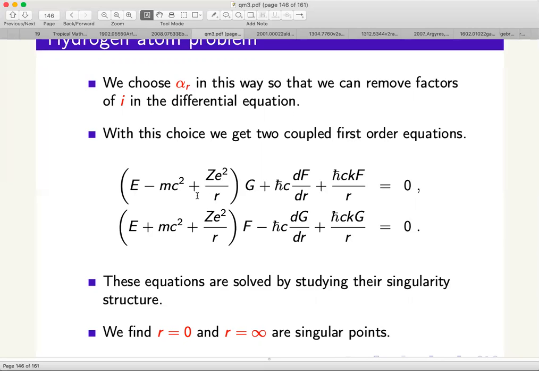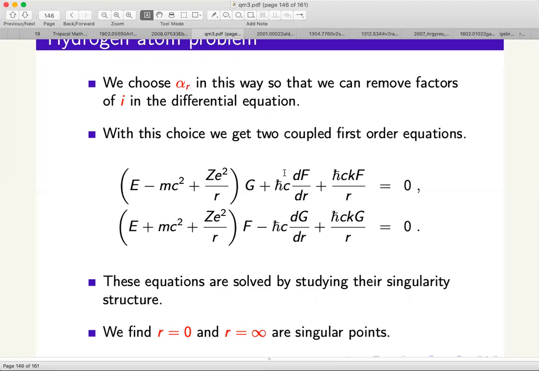If it is not like that, if you still find that it is singular, then you call that an irregular singular point. So as you can clearly see, this equation has r equal to 0 as a regular singular point, because you multiply by r here and multiply this function by r, and they are all finite as r goes to 0.